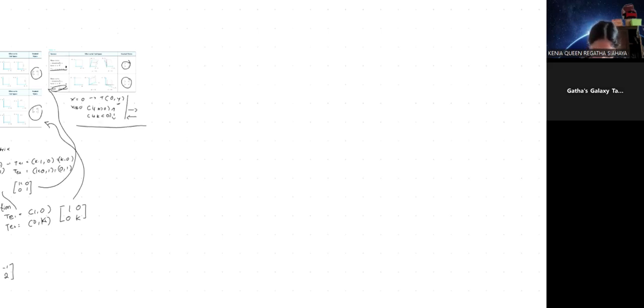To get the standard matrix to x, we will use basically the same method as the last two operations, given that T(x, y) is (x + ky, y), and we have the standard basis, which is E1 is (1, 0) and E2 is (0, 1).